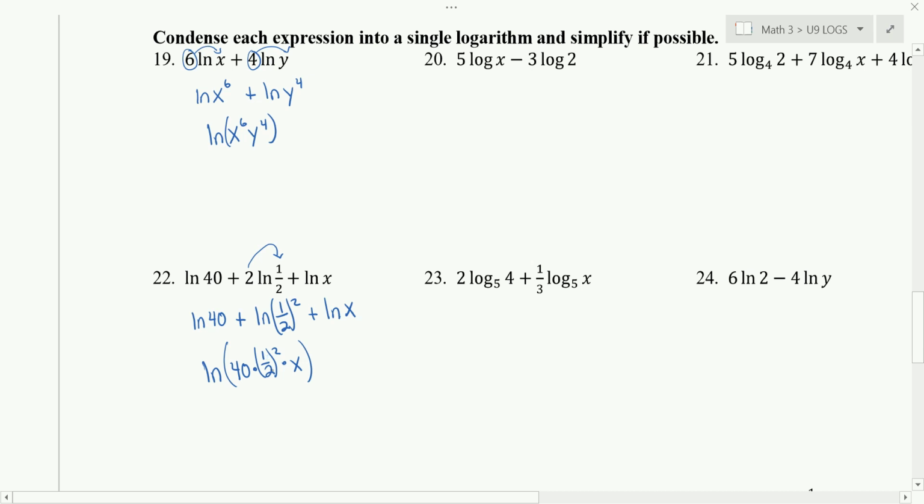And 1/2 squared is 1/4. 1/4 times 40 is 10, so we get natural log of 10x as the simplified form.